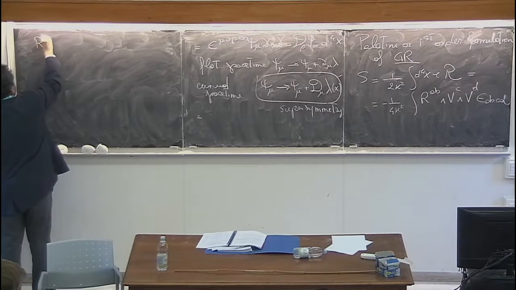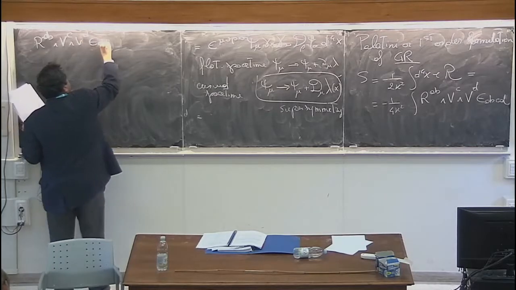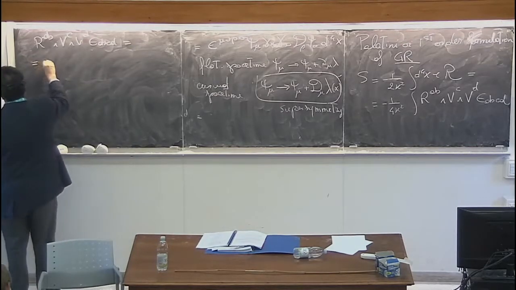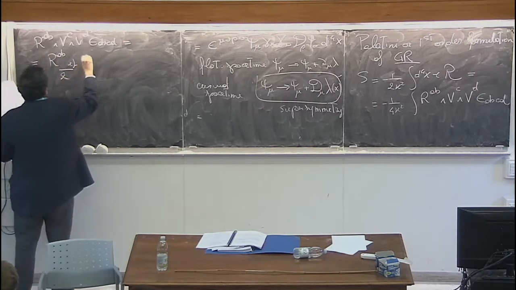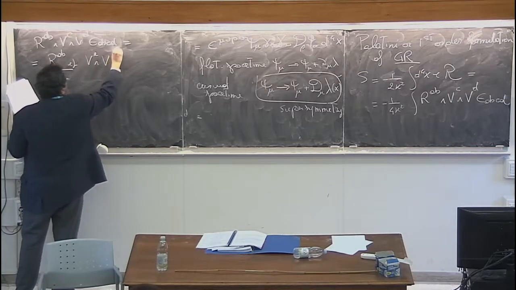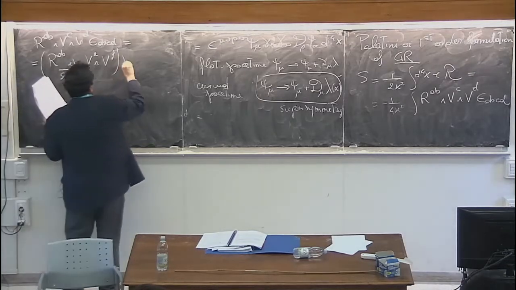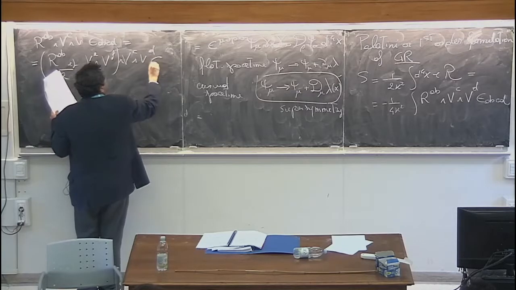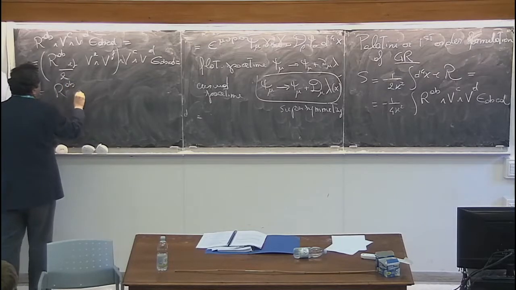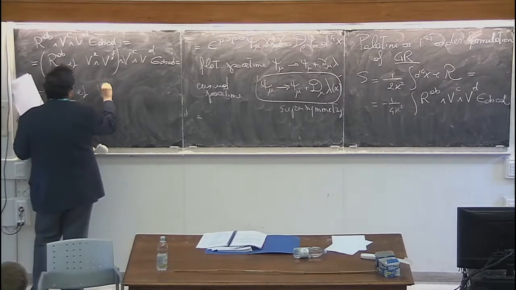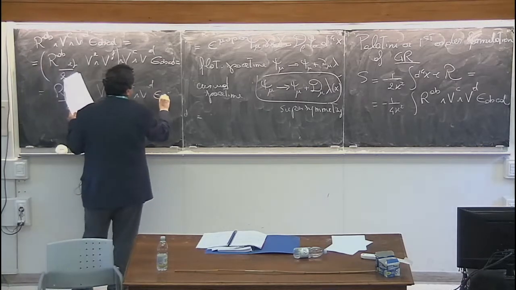Because R^AB wedge V^C wedge V^D epsilon_ABCD is equal to R^AB_EF divided by 2, V^E wedge V^F, where I've just written the curvature tensor, times V^C V^D epsilon_ABCD.